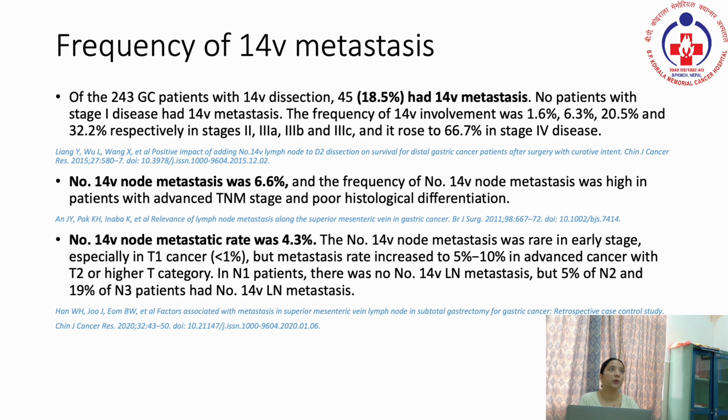And regarding the frequency of level 14B metastasis, there are many studies, and I have included 3 of them, which range from 4.3 to 18.5% of the cases. These studies were mostly done in the Japanese population. In one study, they found that as the TNM staging gradually increases and the nodal involvement increases, metastasis to level 14B has prominently been seen.